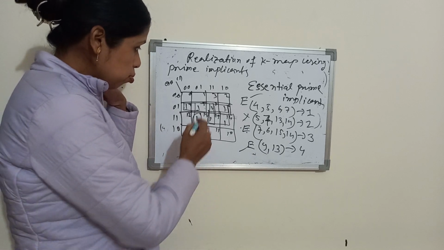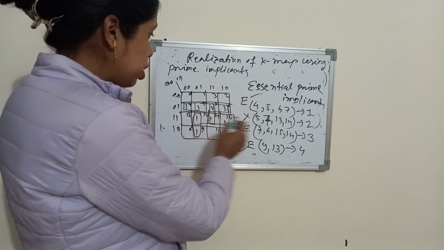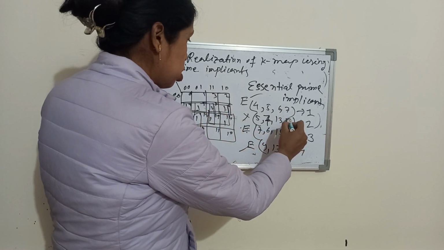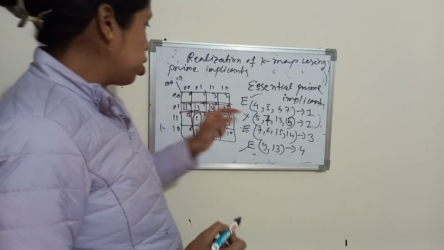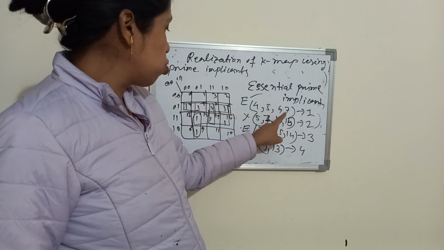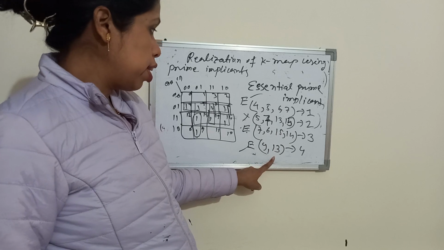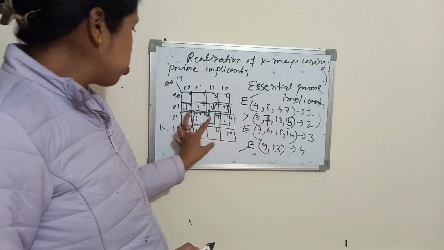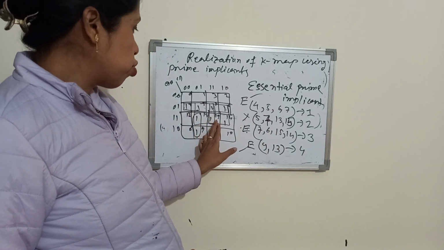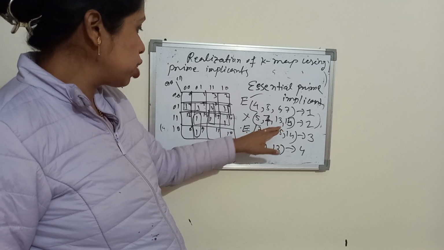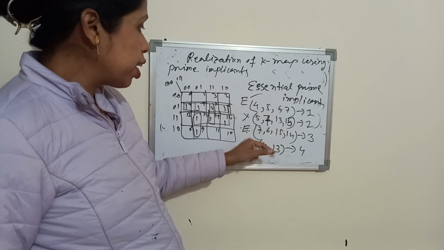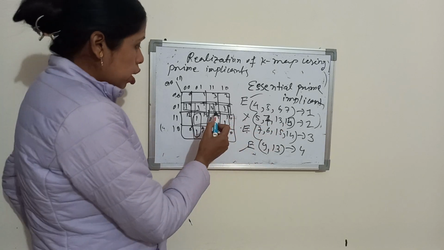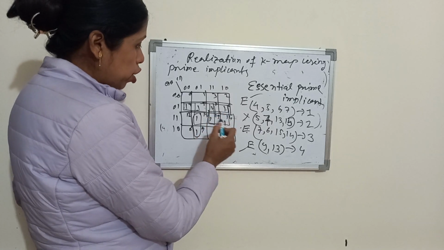5, 7, 13, 15, sorry. Now you can see 5, 7 is included here, 13 is included here, right? So this 15 is not required, because 15 is also included here. Better if we include 7, 6, 14, 15.